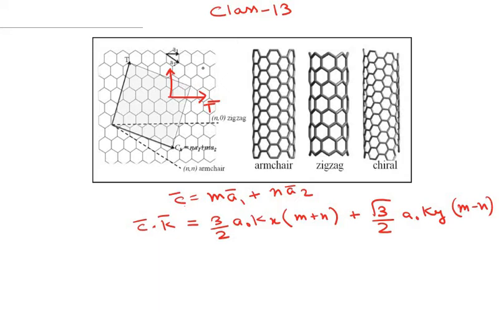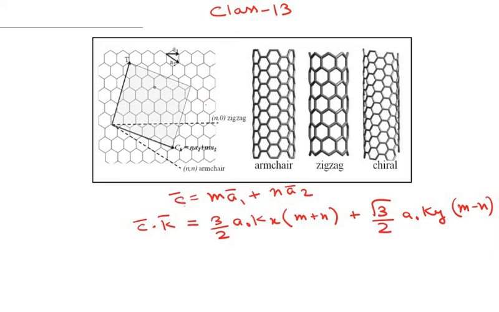So this kind of surface is exposed for the nanotube, and this line looks like an armchair, so this kind of nanotube is known as the armchair configuration.